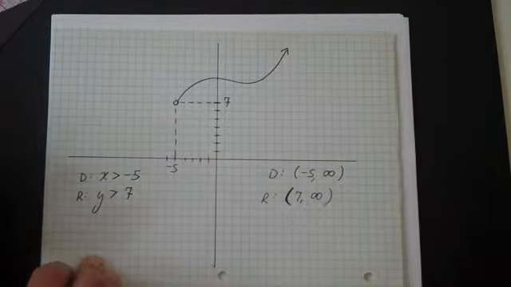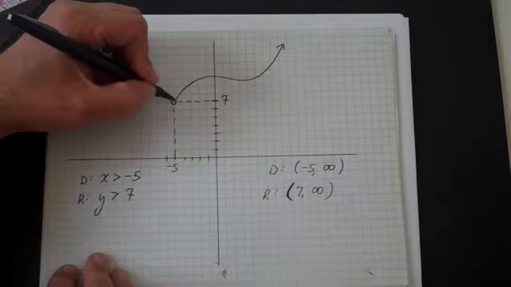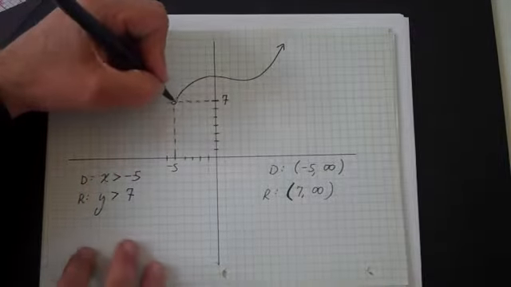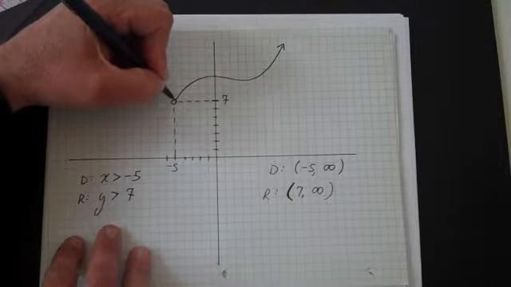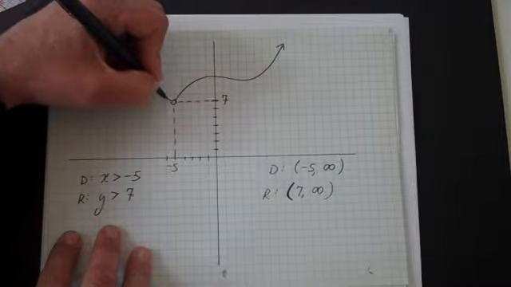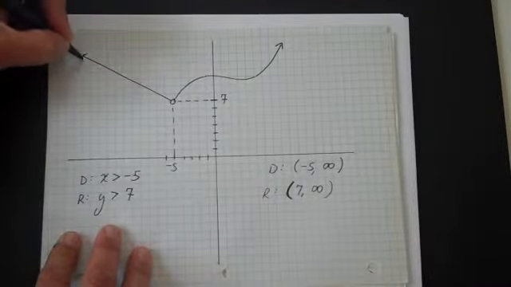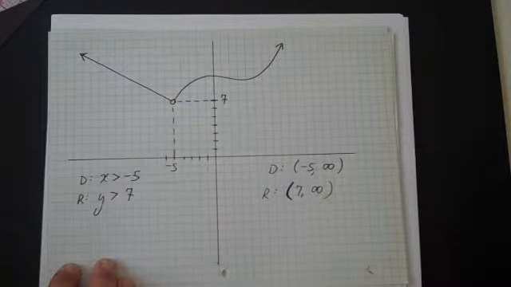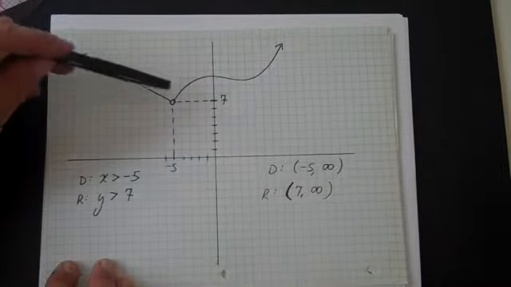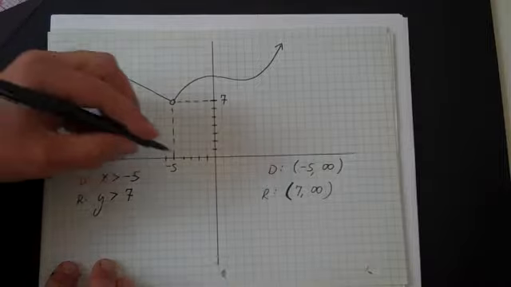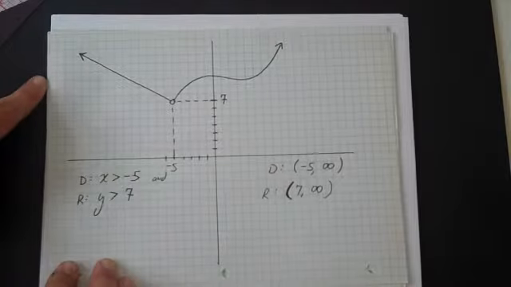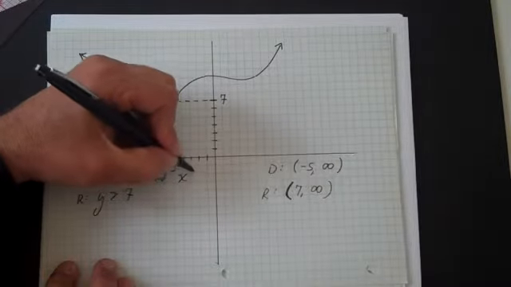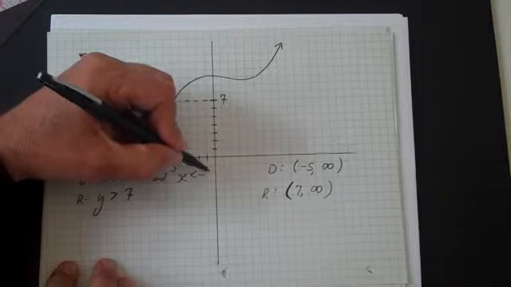There's nothing complicated about that, but let's see if you had a second part to it. Let's say the graph from here would continue in this direction. In that case, x is not only greater than minus 5, but also everything from minus 5 and less, so x is less than minus 5.